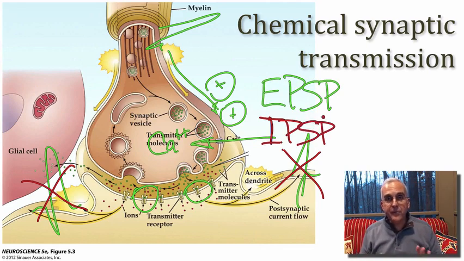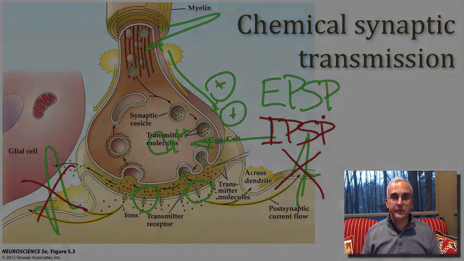So forgive me if I use that jargon quite a bit today, EPSP and IPSP. This is jargon that we will find throughout the literature in the world of neuroscience, especially as it pertains to neurophysiology. So when you hear EPSP, IPSP, think of excitatory postsynaptic potentials and inhibitory postsynaptic potentials.